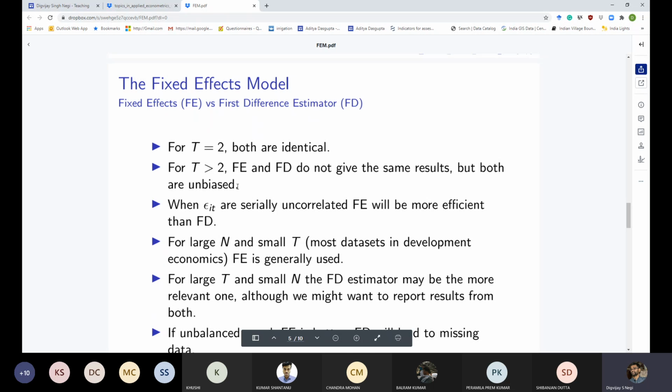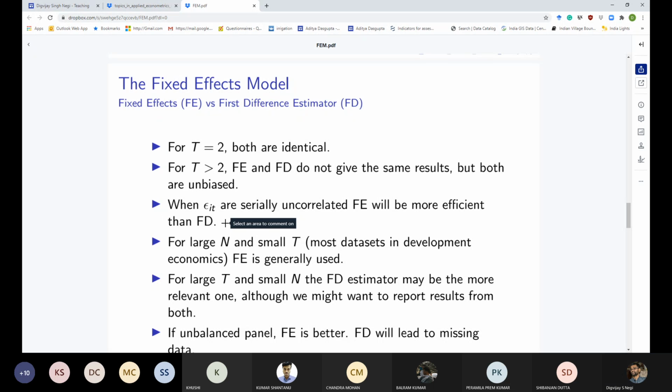For t greater than 2, for time periods more than 2, the fixed effects and first difference will not give you identical results. There would be some difference in the delta estimated from the fixed effects model or from the first difference model. But both of them are unbiased.